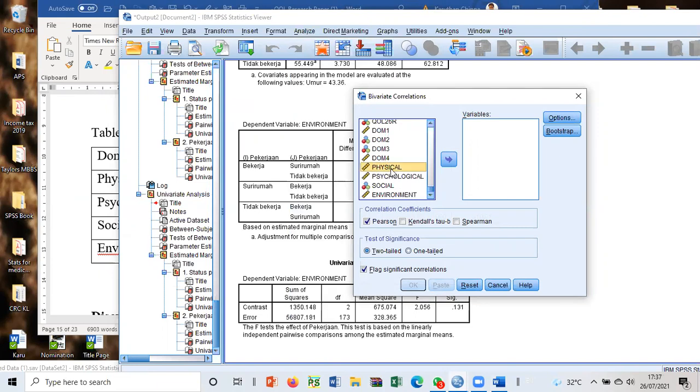So physical until environment, right? So whether Pearson's or Spearman. You already showed earlier that the data was fairly normal, so I can use Pearson. If the data was not normal, I'll use Spearman's. So justified already, the data is fairly normal, you use Pearson.